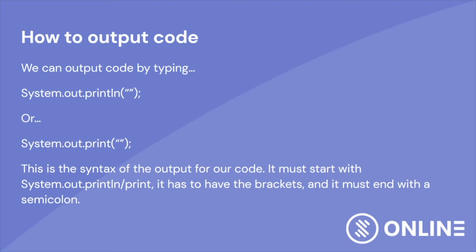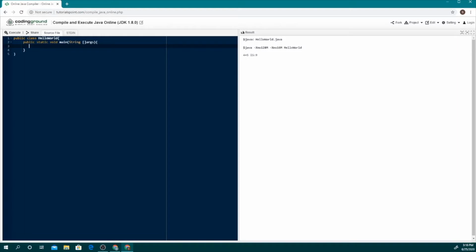We can output code by typing System.out.println, and then we have those two brackets and the semicolon. Let's go to our Java IDE, and we'll go inside these two squiggly brackets right here. By the way, it's always a good idea to format your code.